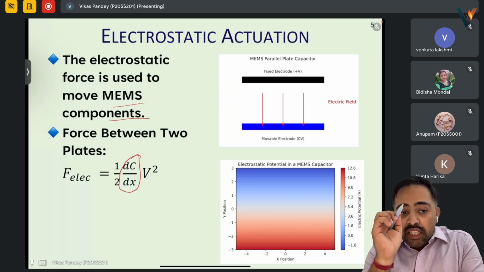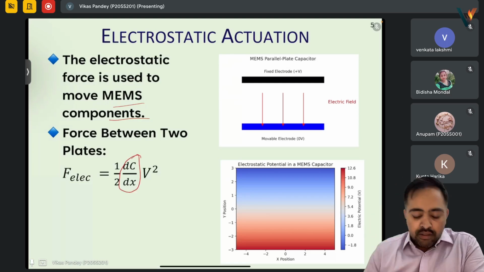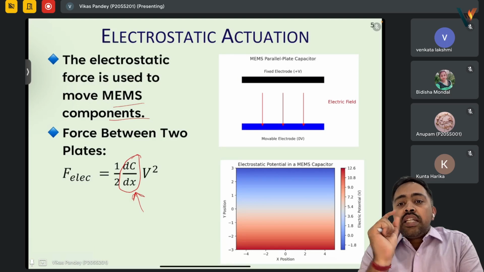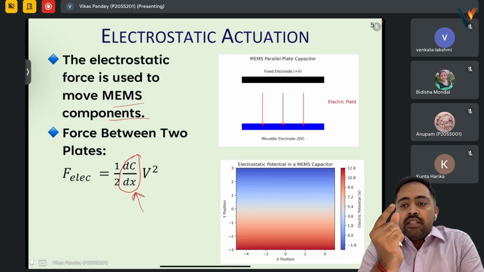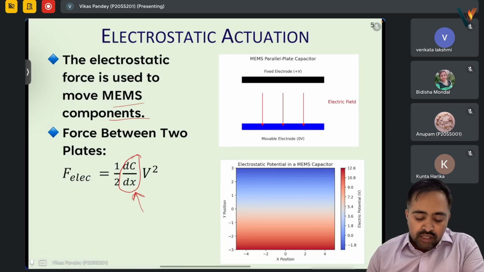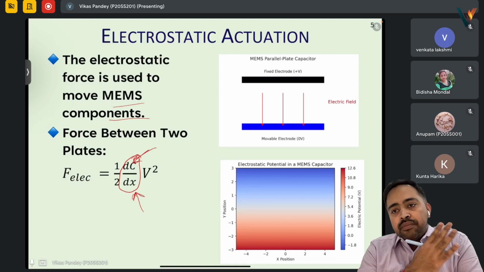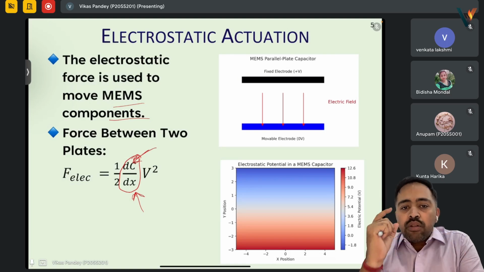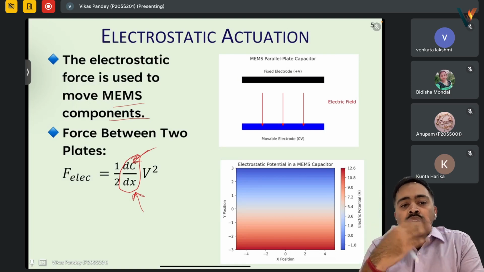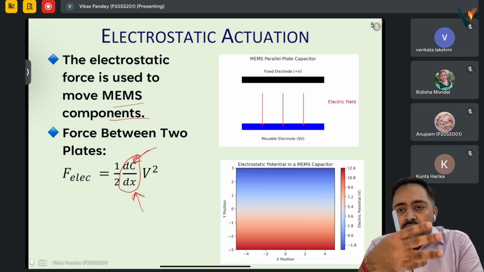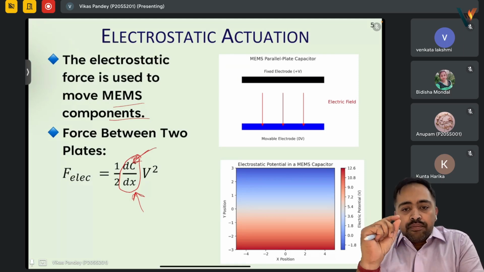That means we differentiate the capacitance, the change in factor C, and V square is fixed, that is the voltage being applied.